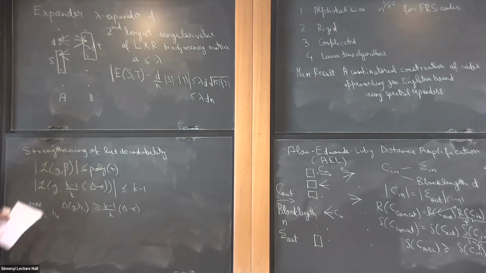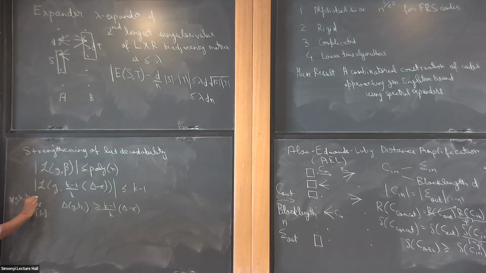the max of these distances is always more than k minus 1 over k. So whenever we take k code words, all of them cannot be in a ball. That's equivalent to list decoding, or the max is larger than this radius. So the strengthening that we are going to use is, this is actually not max, this is for all g, h1, h2, hk.